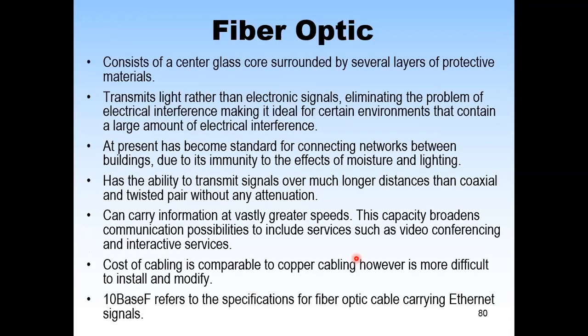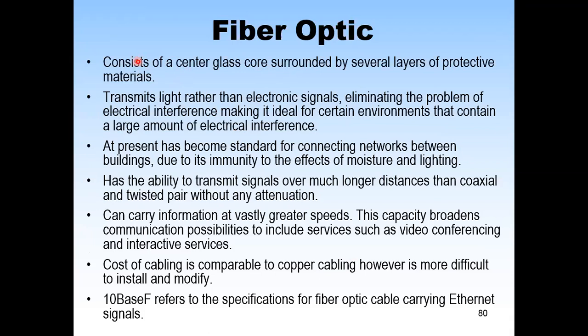Now this, fiber optic, is the fastest available communication medium. It consists of a central glass core and clad. There are three things: we have the core, the clad, and then a plastic shield outside the clad.